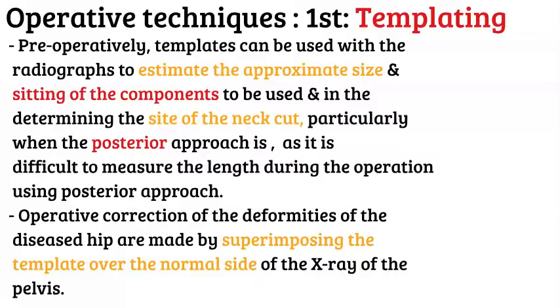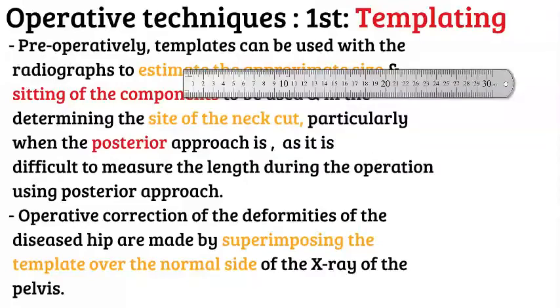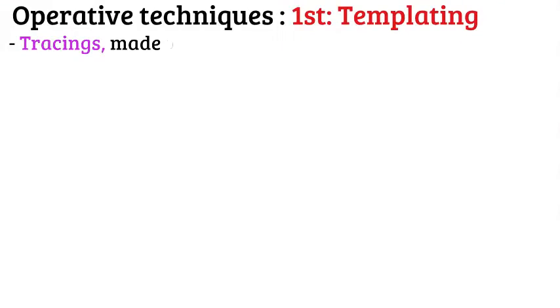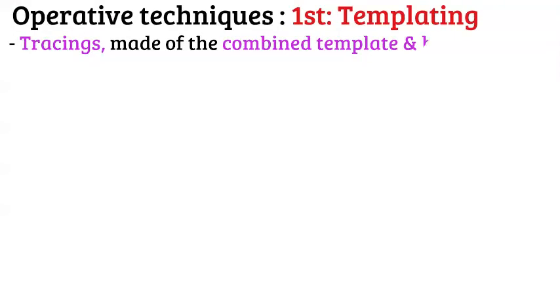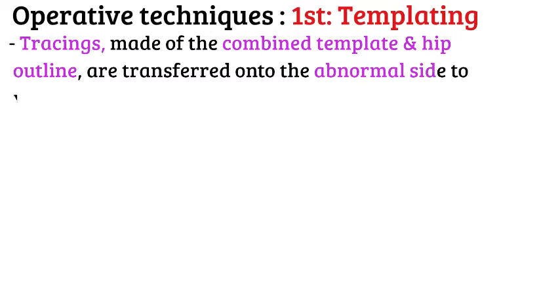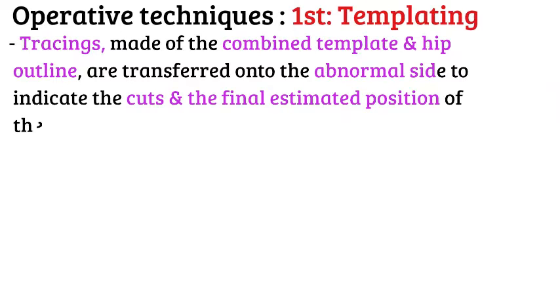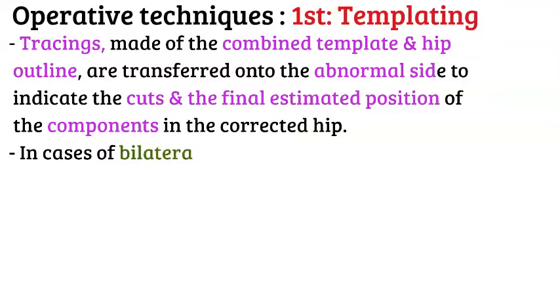Operative correction of the deformities of the diseased hip is made by superimposing the template over the normal side of the X-ray of the pelvis. Tracings made of the combined template and the hip outline are transferred onto the abnormal side to indicate the cuts and the final estimated position of the components in the corrected hip.